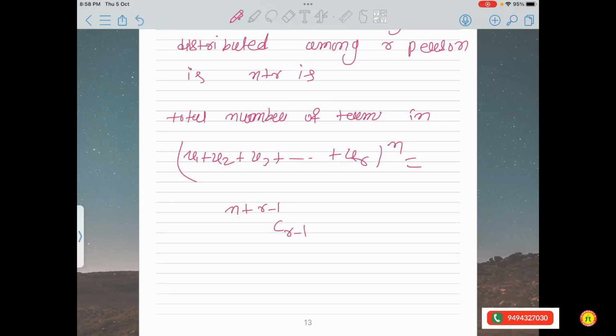We need to remember this formula for the total number of terms.